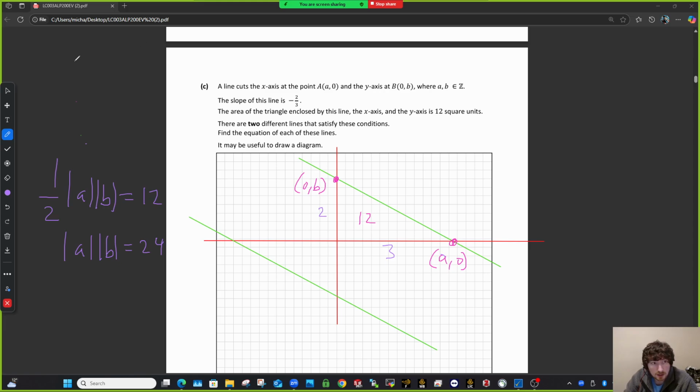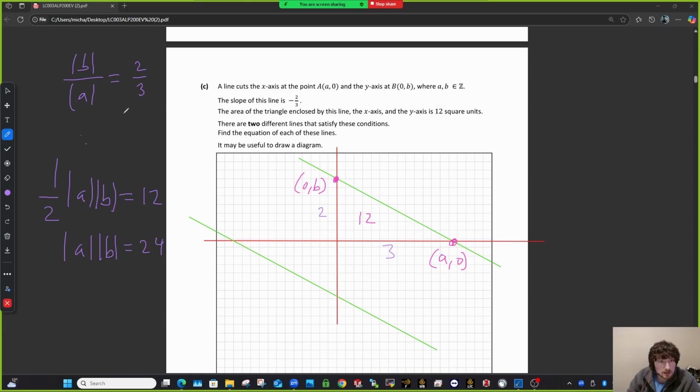So in general, a divided by b is equal to this ratio of 2 over 3. So yeah, I did that the other way around. I want rise over run. So b over a, that's the rise over the run, is in the ratio of 2 over 3. Something like that will do fine.